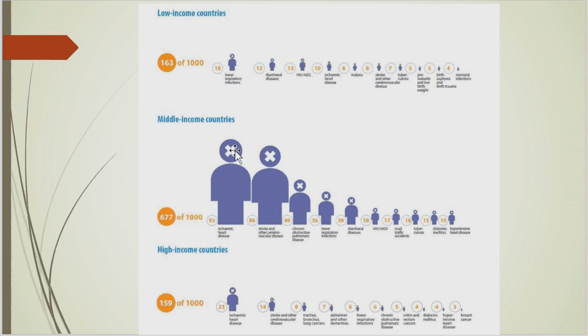Okay, so overall in the world, it would be heart diseases, these physiological diseases which cause the most deaths in the world. That's not to say that infections don't cause deaths in middle and high-income countries. We have lower respiratory infections. This is COVID-19 essentially, because it tends to kill people by filling up their lungs with fluid.